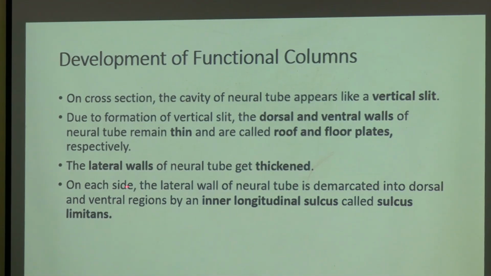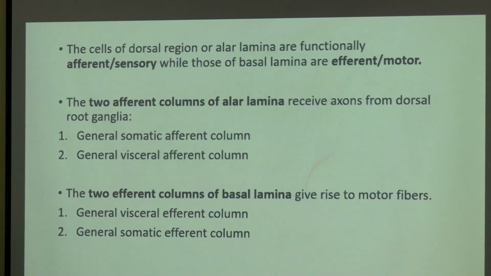On each side, the lateral wall is demarcated into dorsal and ventral regions, that is the alar lamina and basal lamina. In a few textbooks, they are also mentioned as alar plate and basal plate. These two regions are divided by the inner longitudinal sulcus called the sulcus limitans.